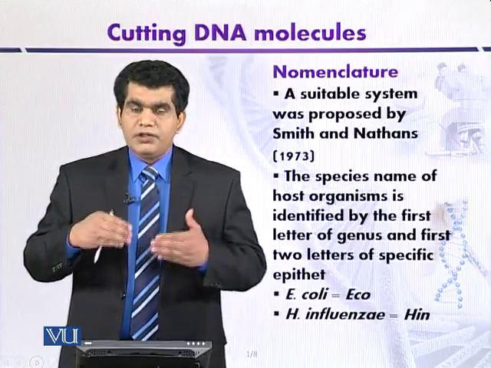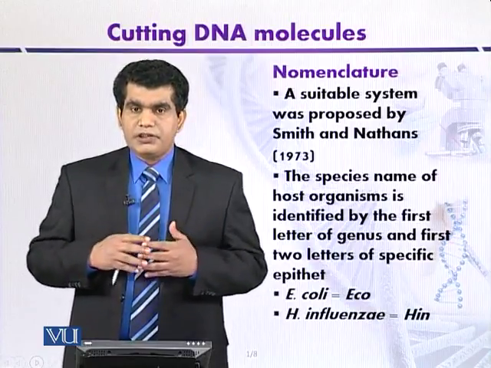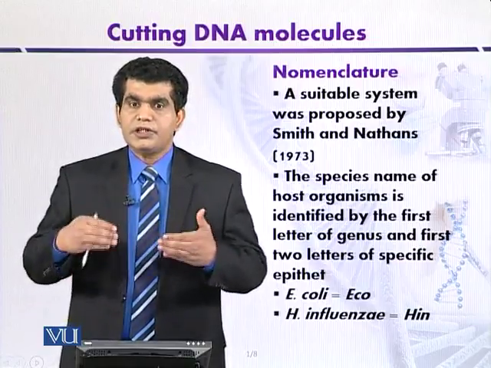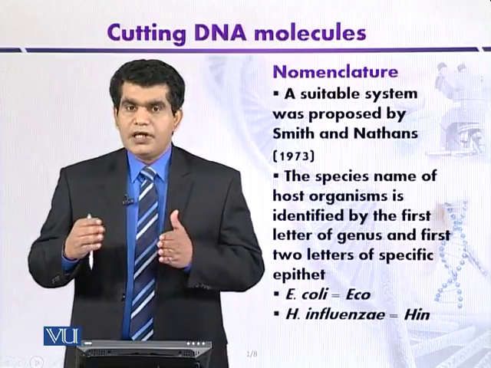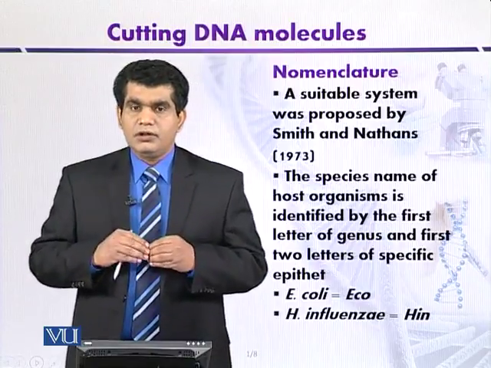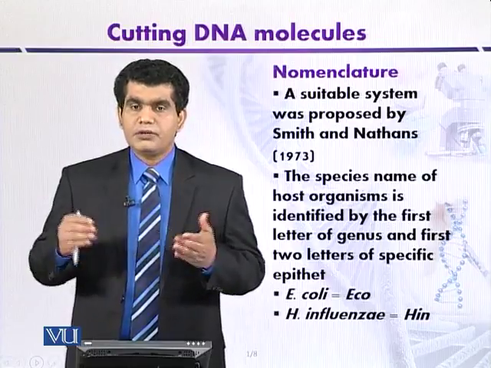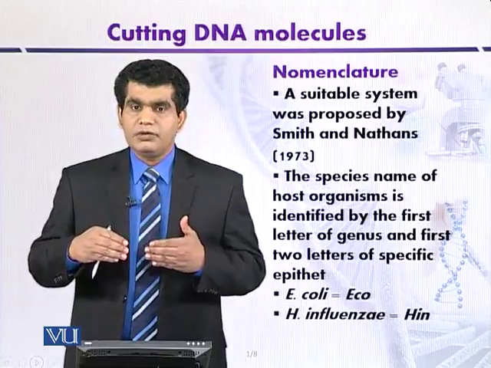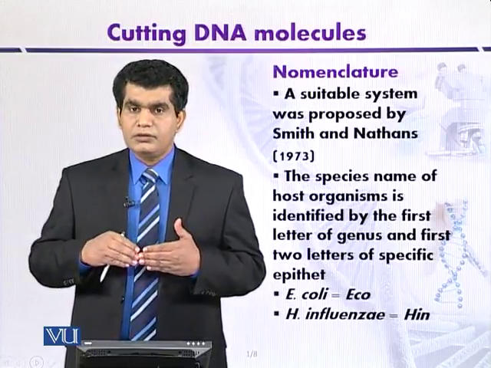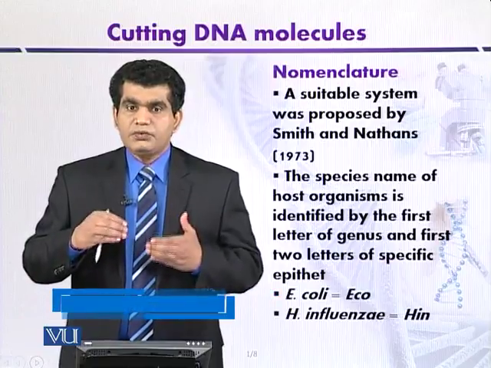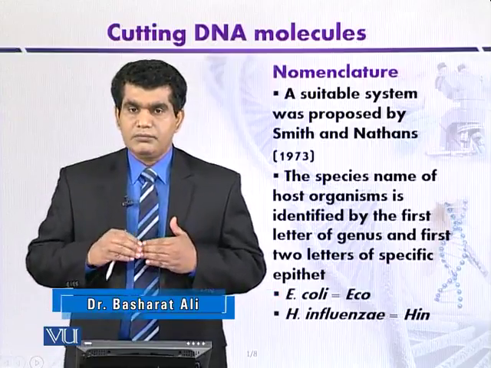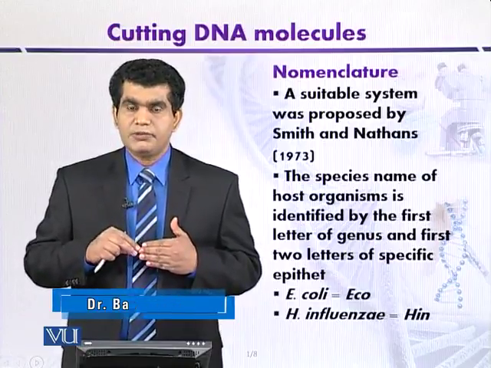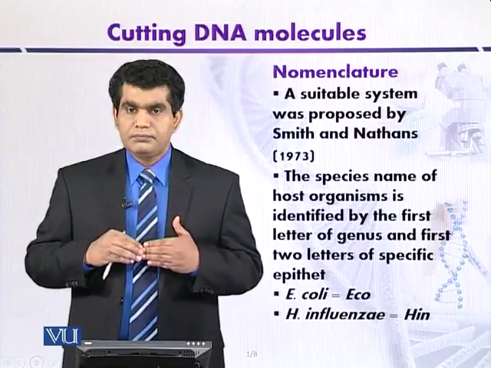One of the first points was that the host organism that produces these restriction enzymes gives the name. For example, if the restriction enzyme is isolated from Escherichia coli, the first letter will be from the genus name, that is Escherichia, so E will be taken from the genus name.